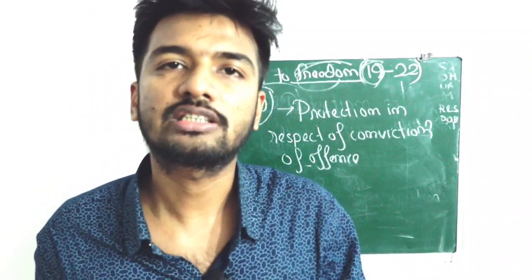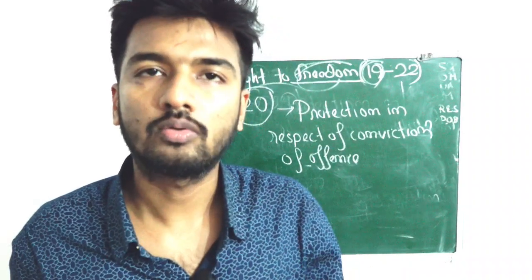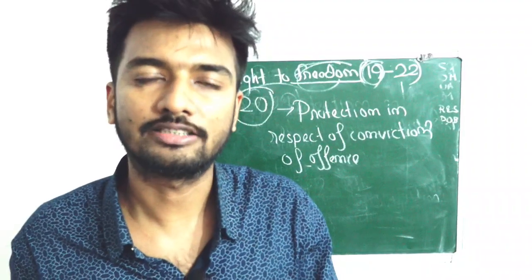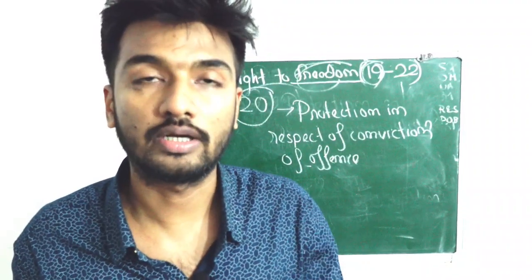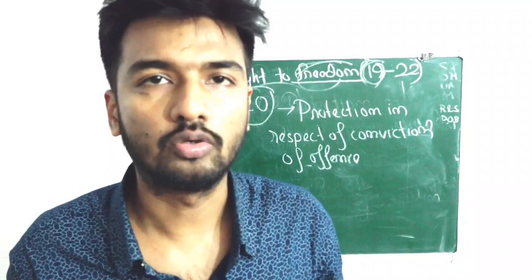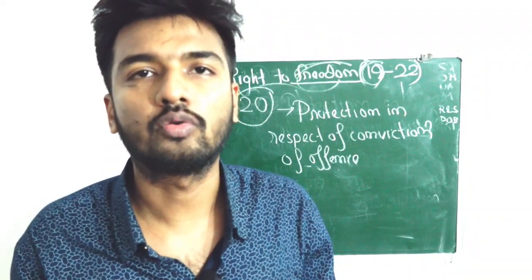Suppose a person is convicted for 20 years. The Honorable Court has pronounced a judgment against the accused that he has been convicted for 20 days or 20 years. Now, will he be treated inhumanly? No. He will have the right to live, the right to health.